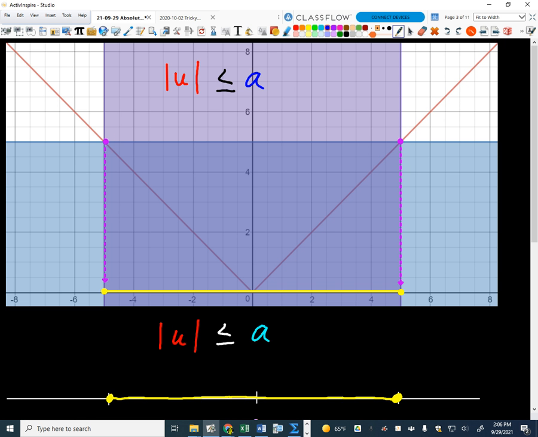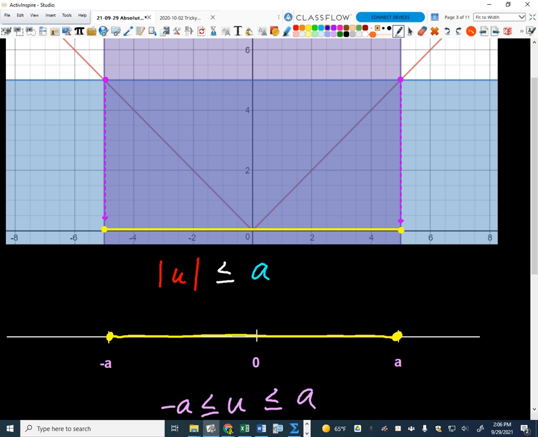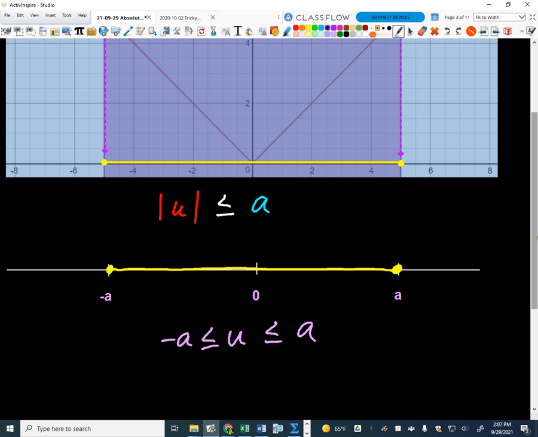So the boundaries of the intersection are the points at a and negative a, but this time we're also including all of the points in between. Those are also parts of the intersection where the V-shaped graph is within that shaded half plane. Okay, make sense? So our pattern's a little different then.